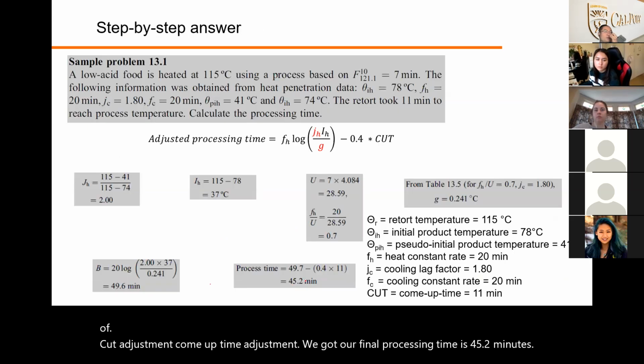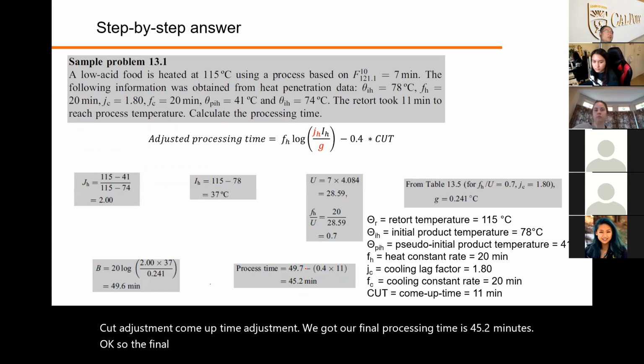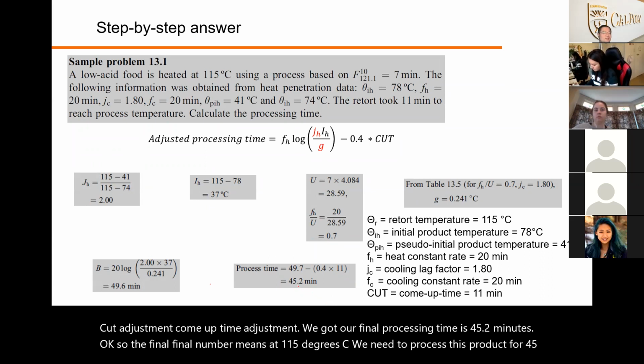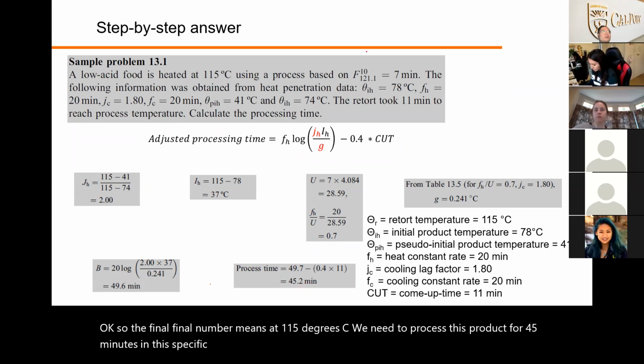Okay, so the final number means at 115 degrees C, we need to process this product for 45 minutes in this specific system in order to reach the 7 minute of reference F value.